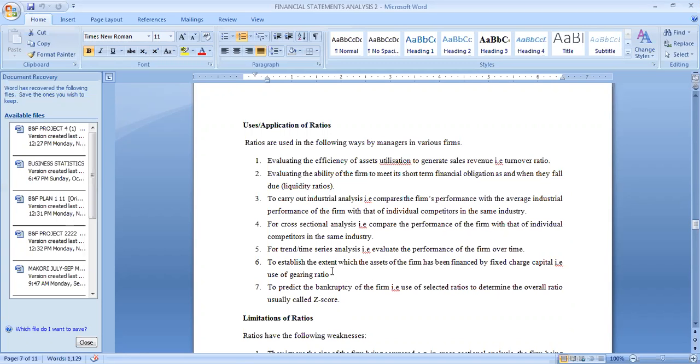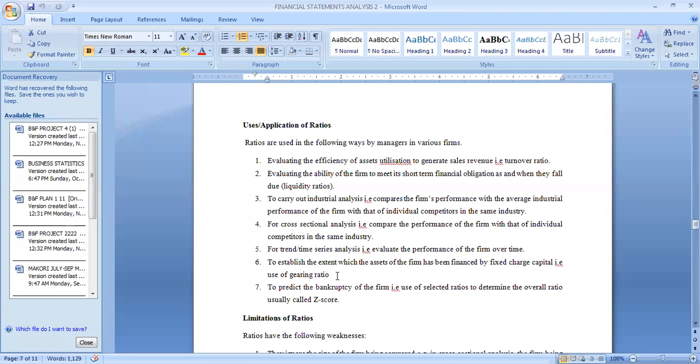If that is the trend, or if that is the reality in the business, then the business is on very, very dangerous ground, because it simply means that you are paying out more interest to finance those particular assets than what you can actually afford. A good business should be one where a bigger percentage of the total assets has been financed by the owners in terms of equity.